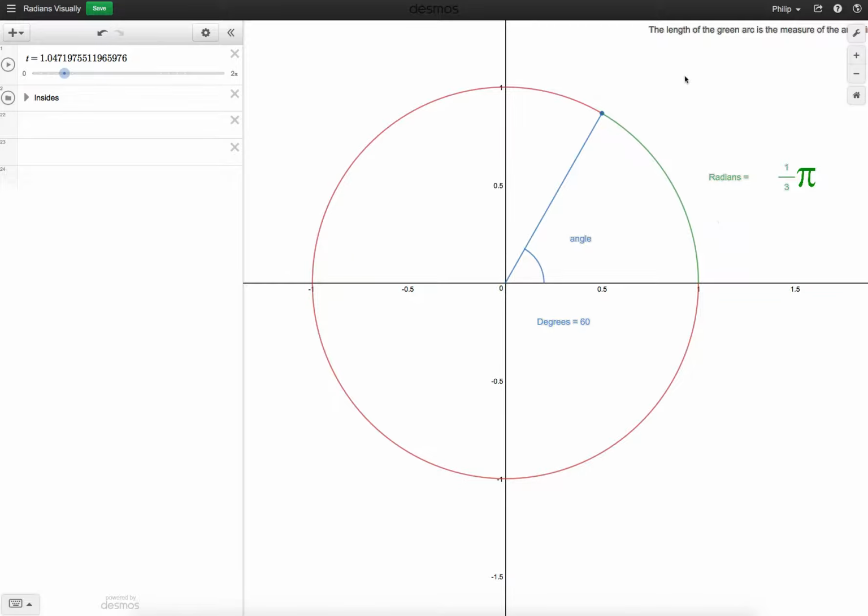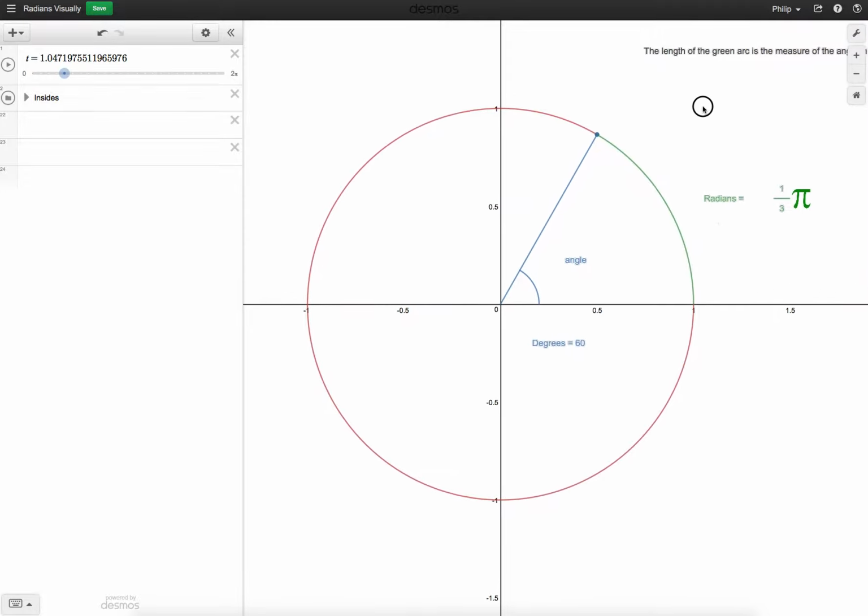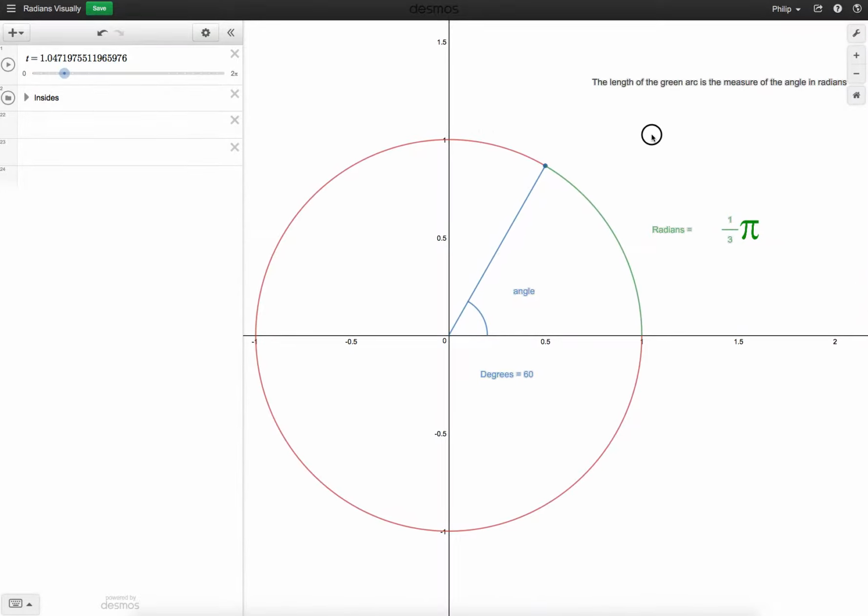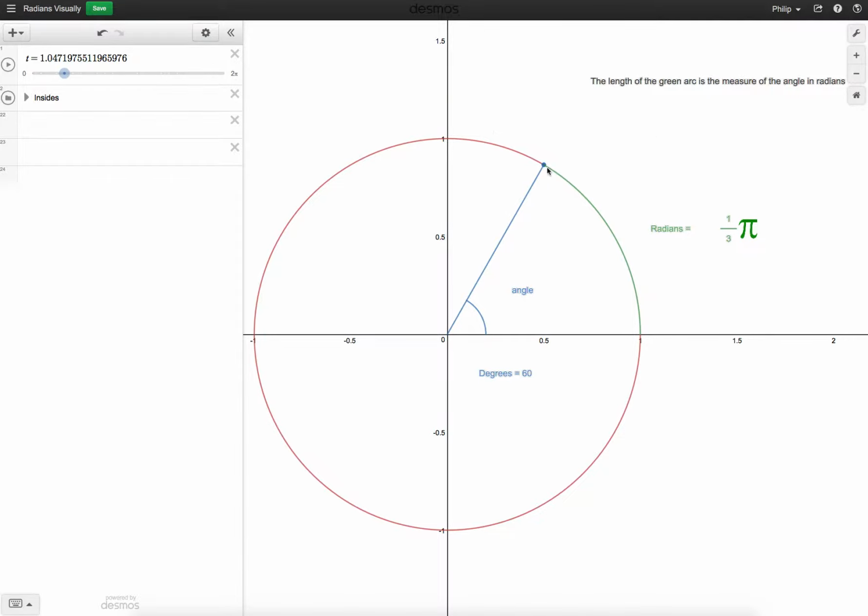But if you're talking about the circle, if we're thinking about the unit circle, what we can do is actually measure this arc right here. So I have an angle, and what I did is I started here on the x-axis and I rotated it up by 60 degrees. So this blue line swept out this piece of the circle, okay? And so I asked myself, well, how long is that green piece?